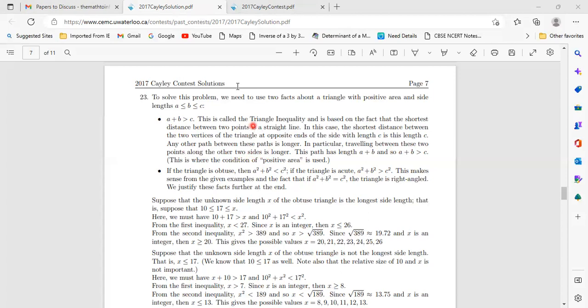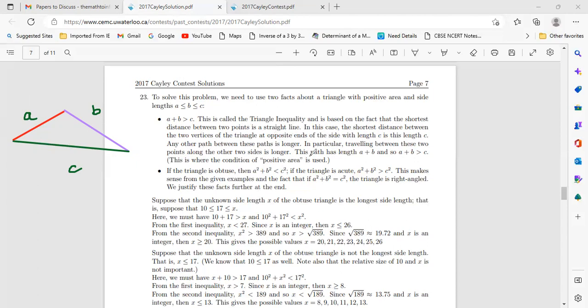For example, let's assume this is A. So C. The shortest distance between any two vertices of a triangle at opposite ends of the side with length C is the length C. Any other path between these spots is longer, which means if you add the red and purple path together, that is definitely going to be greater than the green path.